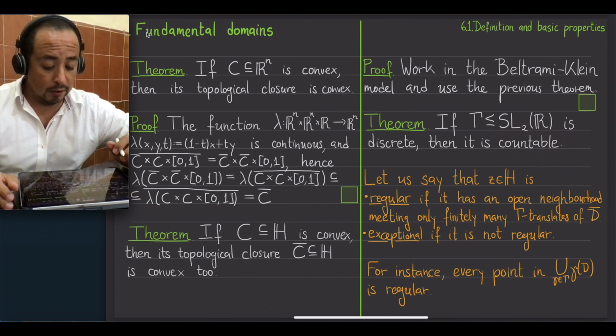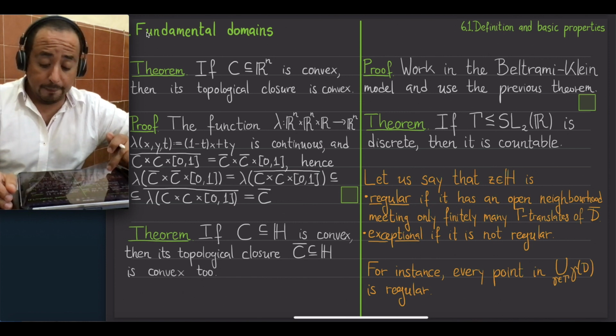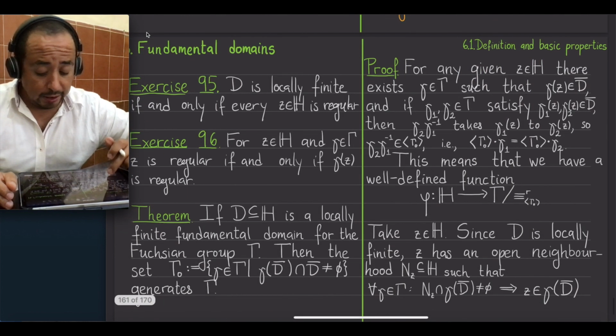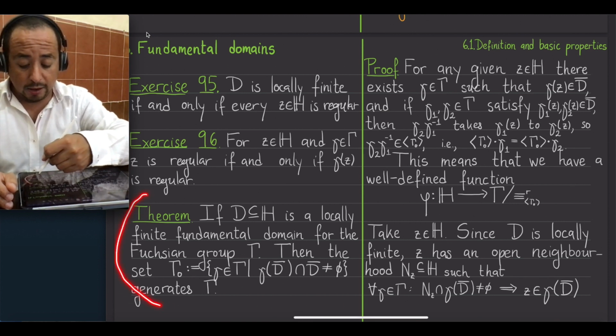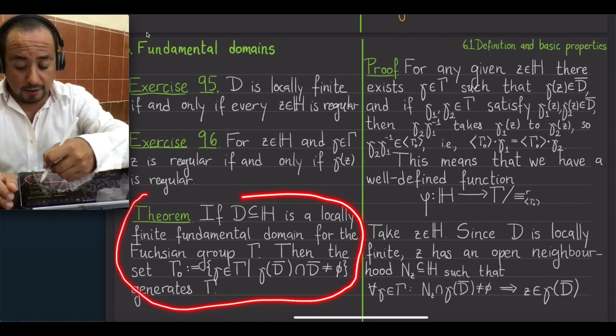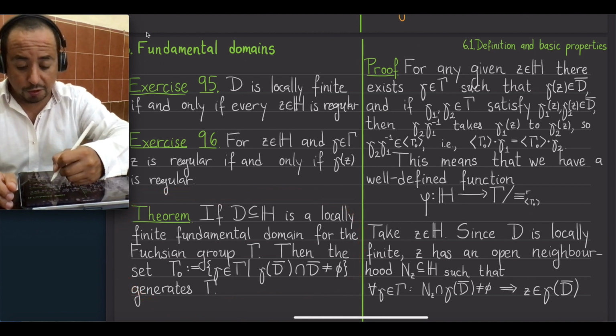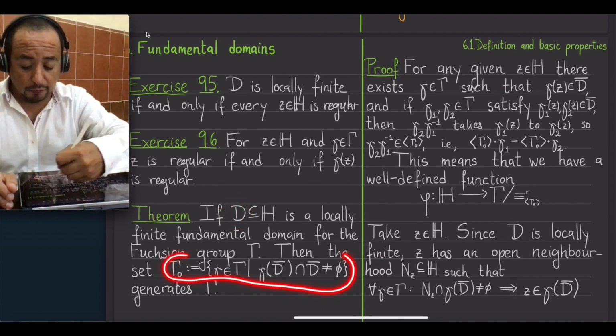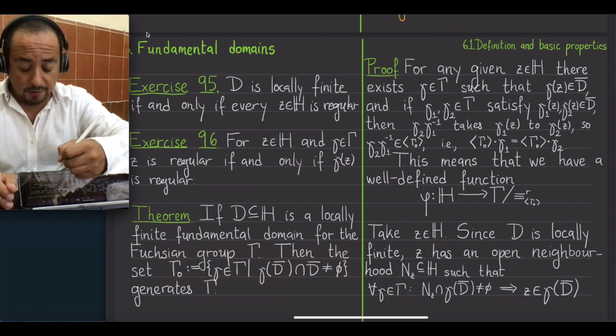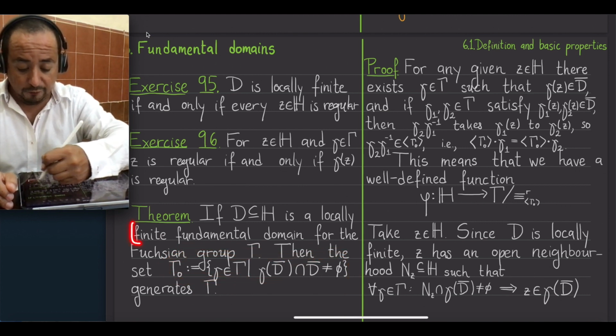So it's either finite or has the cardinality of the natural numbers or the rationals, say. And then I'm going to move on to a theorem that relates the structure of a fundamental domain to a generating set of the Fuchsian group in case the fundamental domain is locally finite.